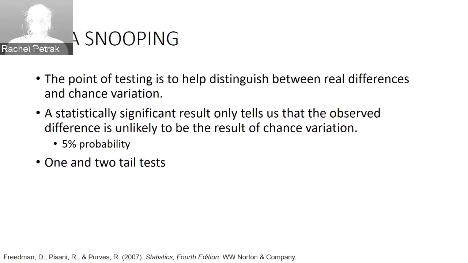Now, another topic in this section that's really important is the idea that a statistically significant result only tells us that the observed difference is unlikely to be the result of chance variation. We've been discussing this all along, but I really want to highlight it, because it's important to remember that a statistically significant result doesn't tell us for certain that the observed difference is not the result of chance variation.